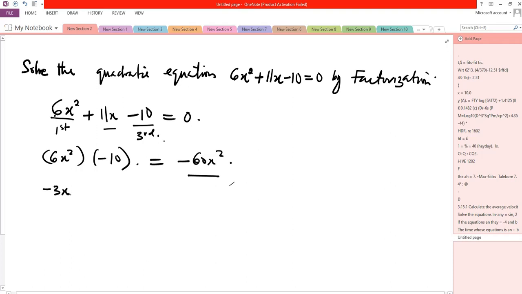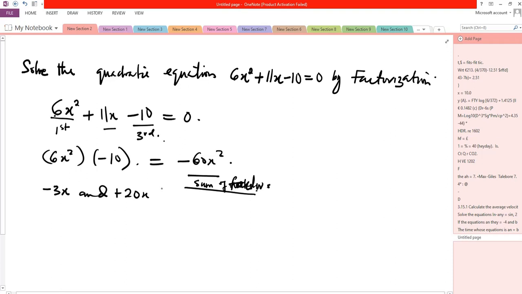Now let's try minus 3x and plus 20x, because it's supposed to give us minus. When you sum them, let me call it the sum of factors, because it's not the roots yet.